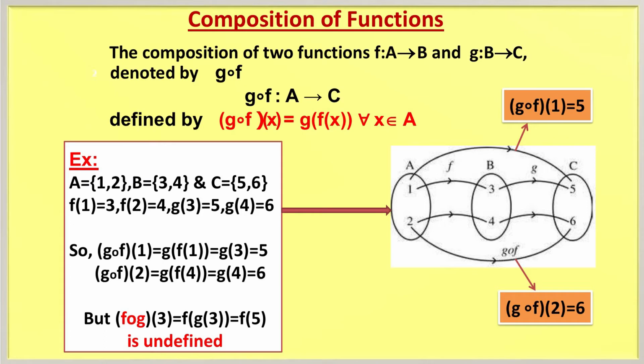Now, what is f composition g? The domain of f composition g is the domain of g. What is the domain of g? The domain of g is set B, equal to {3, 4}, and (f∘g)(3) is equal to f of g(3), that is f of 5, which is undefined.